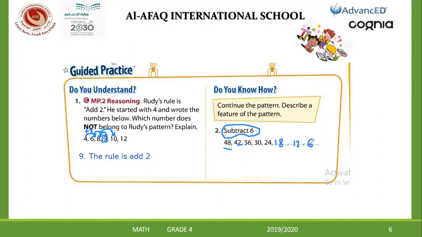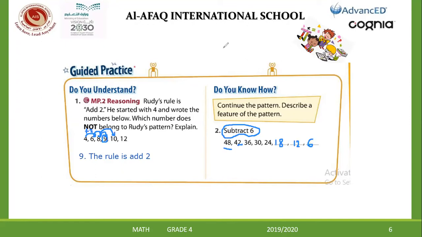So you can describe this pattern, or you can find all of these numbers in which table? I have 6, 12, 18, 24, 30, 36, 42, 48. We can find all of them in which table? As you see here, the numbers are multiples of 6.